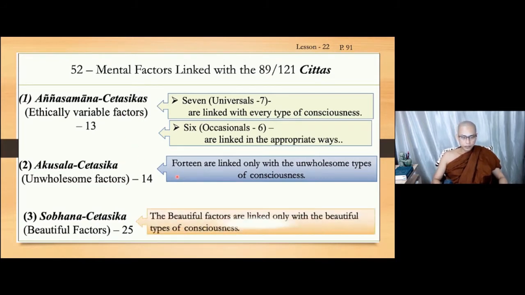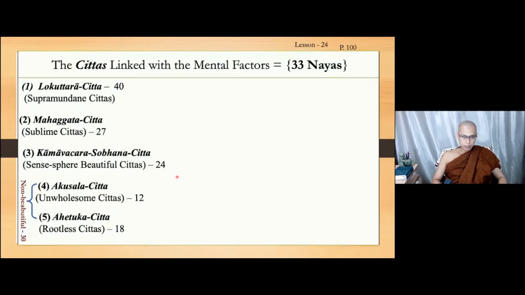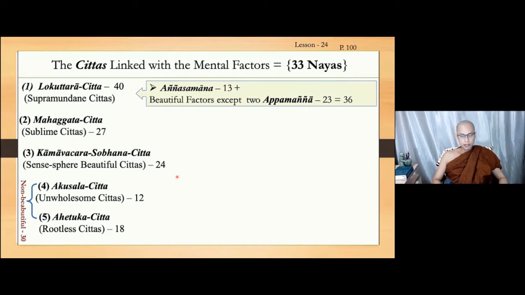Then Sobhana Cetasika associate only with the Sobhana, the beautiful mental factors. This is basic information. Then from the side of the consciousness, Lokuttara Citta associate with Annasamana 13 and the Sobhana, except Appamanna, because Appamanna we already said take the concept of beings as their objects.